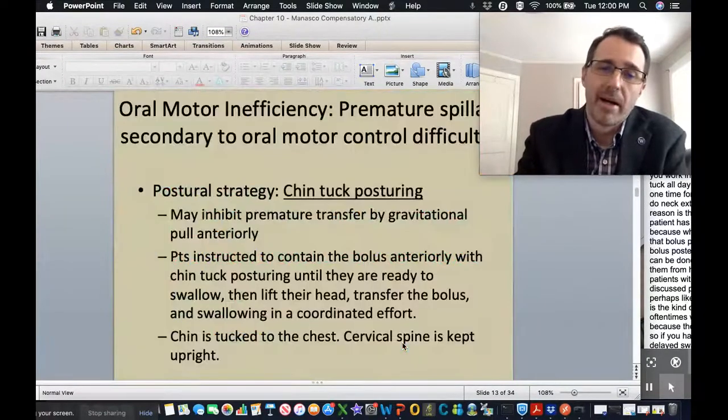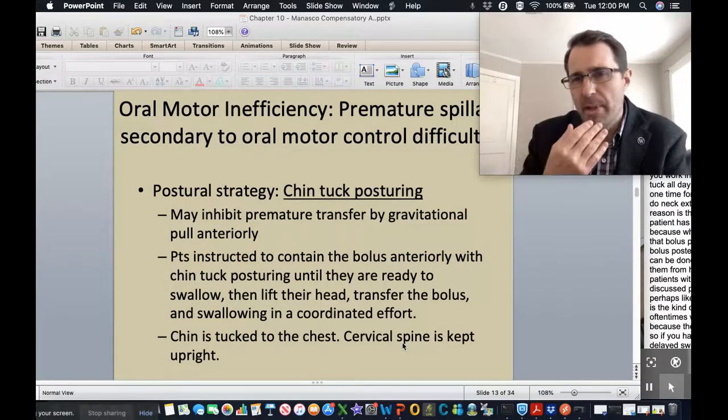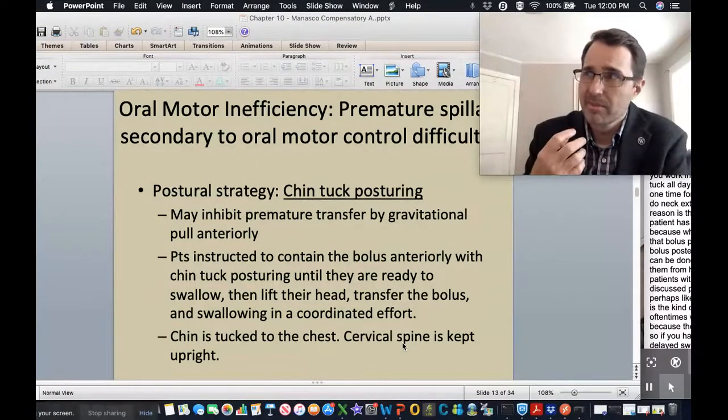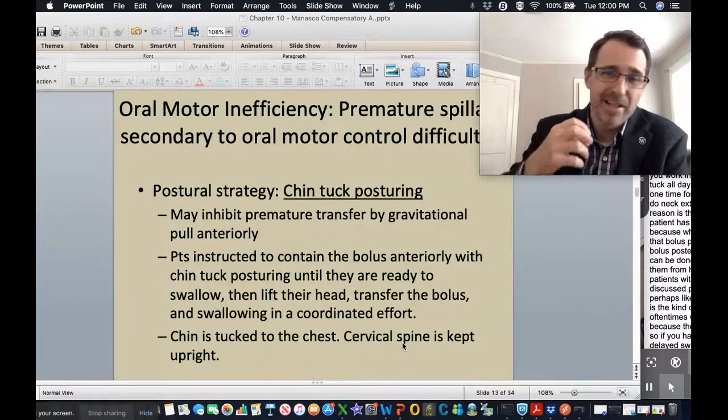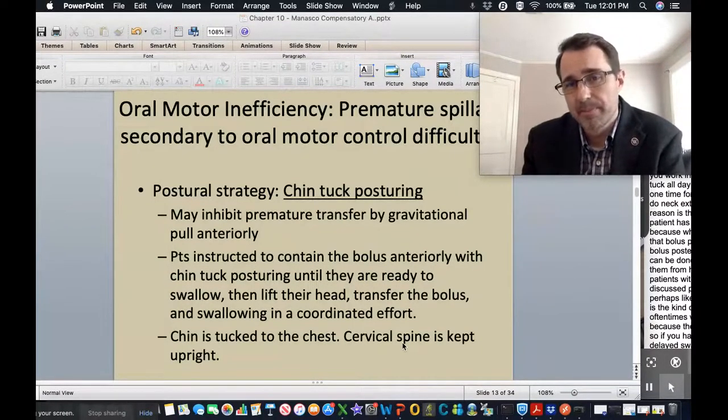We talked about thickening liquids to allow the patient to have more oral control of the bolus. It's going to keep the bolus together better. It's going to reduce the possibility of posterior spillage with the thickened liquids.